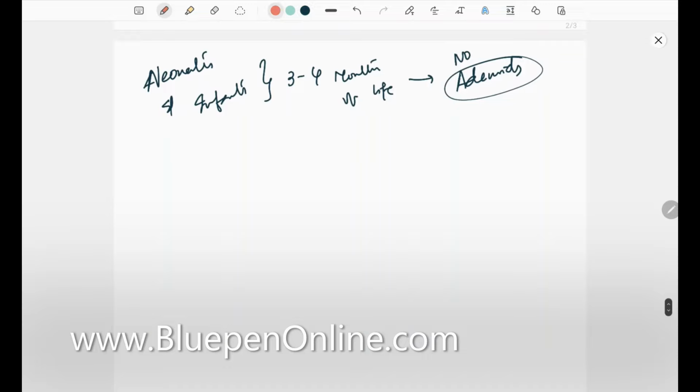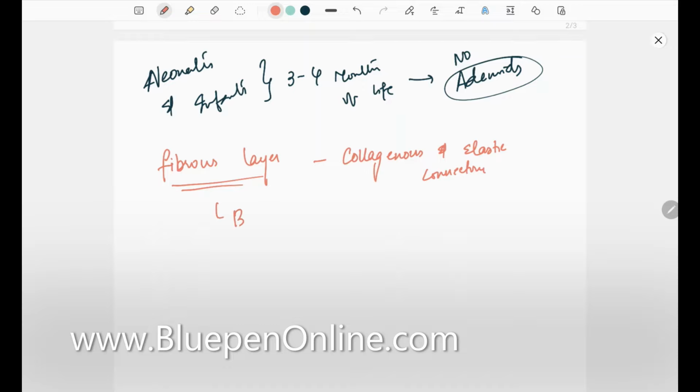Then we have the fibrous layer. The fibrous layer is thicker and consists of collagenous and elastic connective tissue, and this layer is where the blood vessels that supply the conjunctiva and the cornea exist, along with the nerves that also supply the conjunctiva.